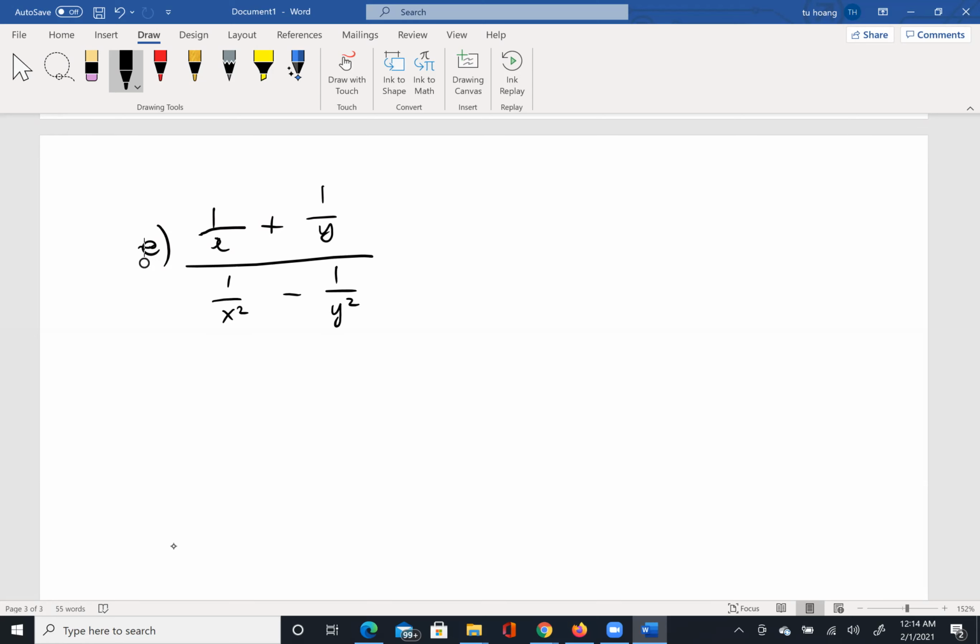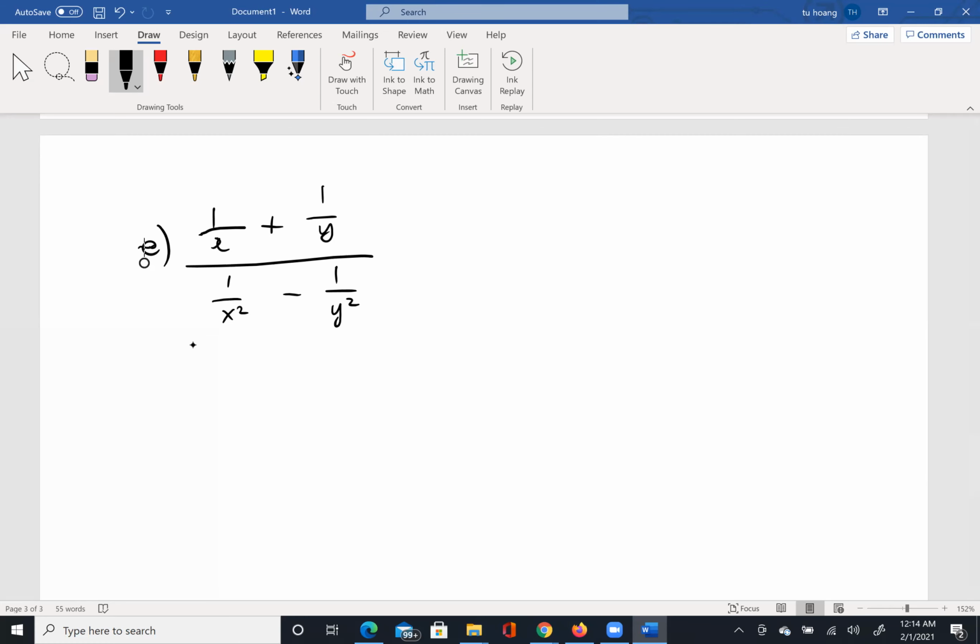So remember, you need to make both numerator and denominator become a single fraction. But in here, they have two terms, two fractions, adding and subtracting each other.